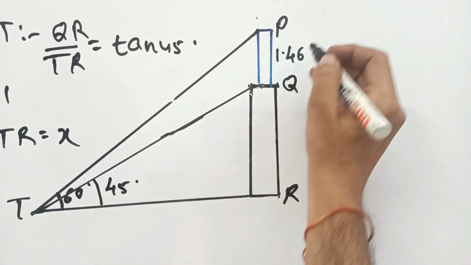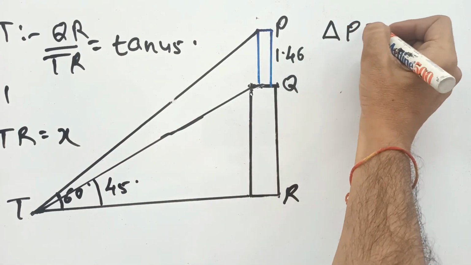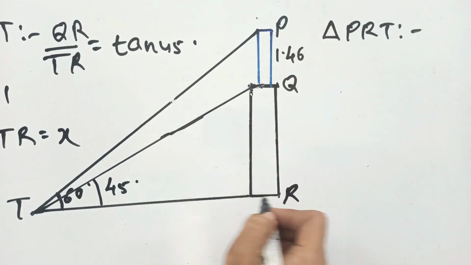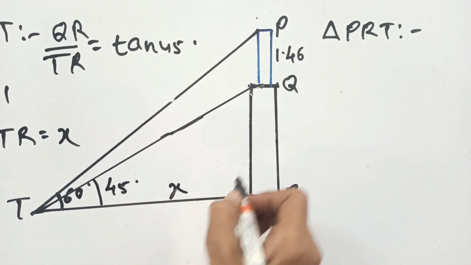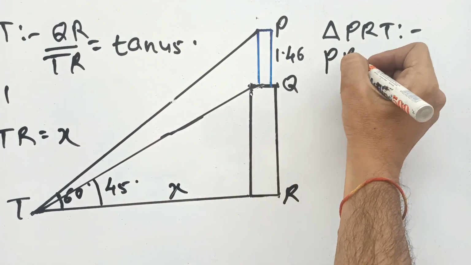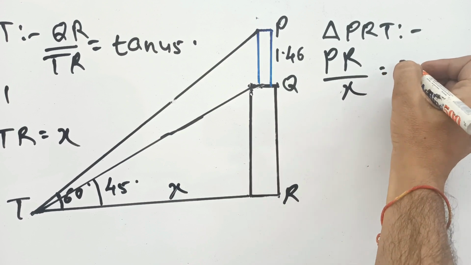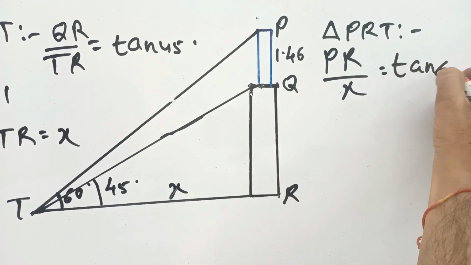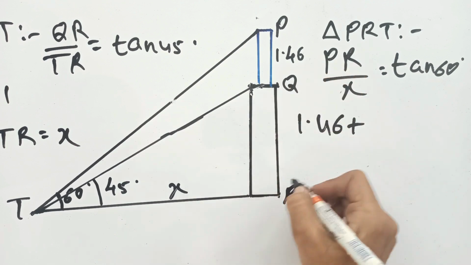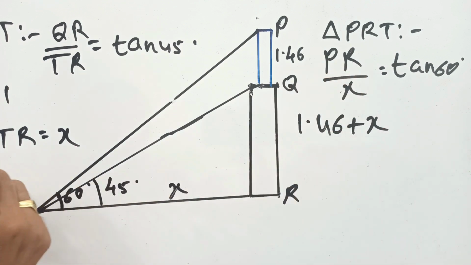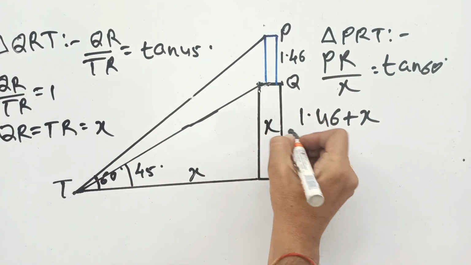Now in triangle PRT, PR upon TR. We already supposed TR is x, so we can write x here. PR means 1.46 plus QR. QR and TR are both equal to x.